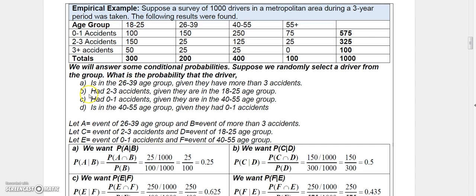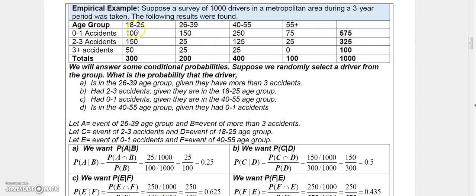Now, what about the next question? That they had 2 to 3 accidents given they are in the 18 to 25 group. Okay, so let's let C be the event they have 2 to 3 accidents, and let's let D be the event they're in the 18 to 25 group. So now we want the probability of C given D. Well, let's find C intersect D, or the probability of that. So 2 to 3 accidents and 18 to 25.